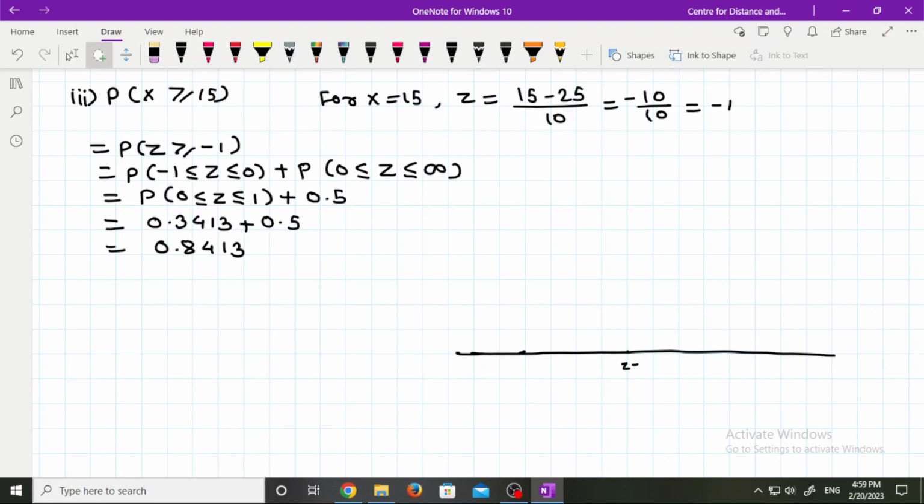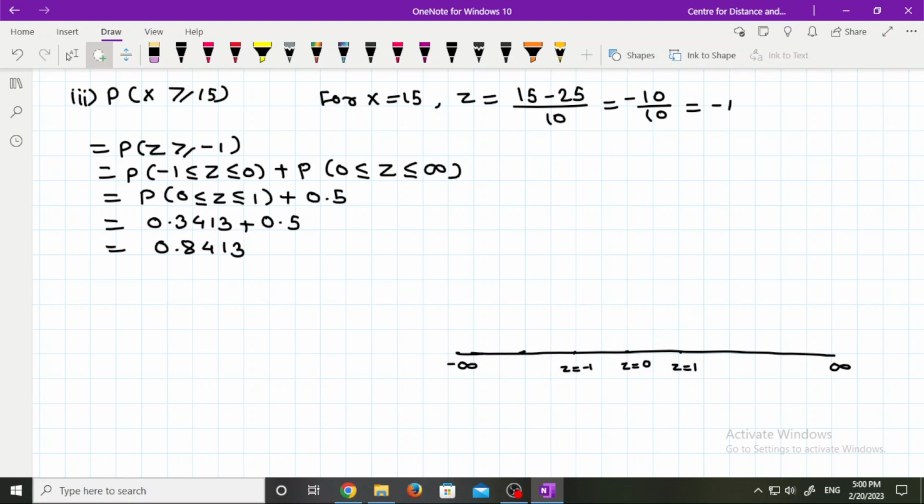Z is equal to 0, this is our z is equal to minus 1, this is our z is equal to plus 1. Here we have to find out z greater than or equal to minus 1, that is minus 1 to 0, 0 to infinity, that is from this up to plus infinity. This is our plus infinity, this is our minus infinity.